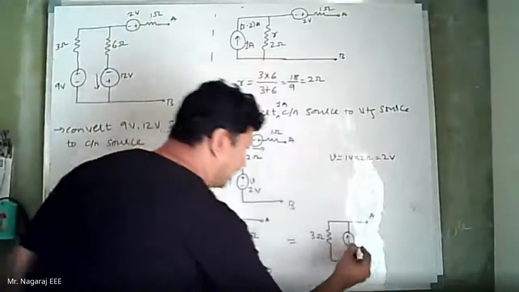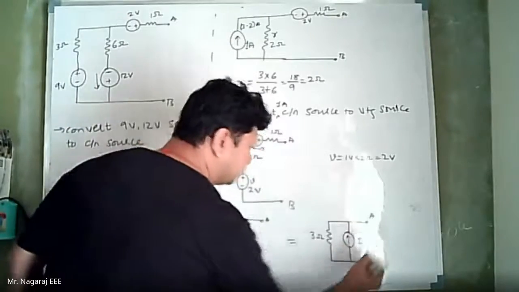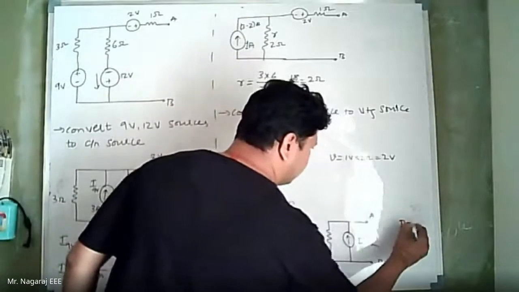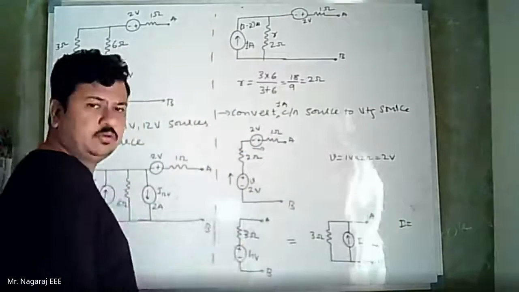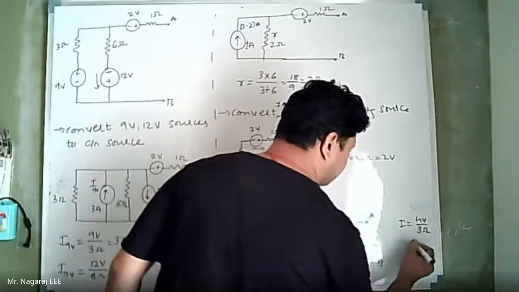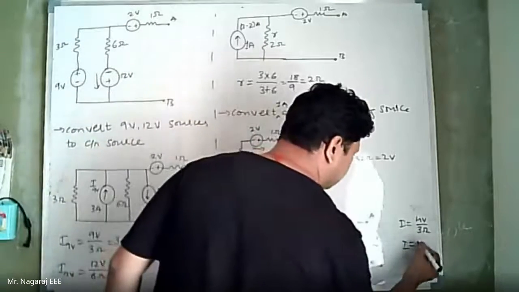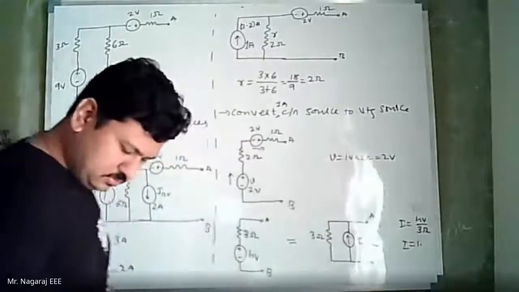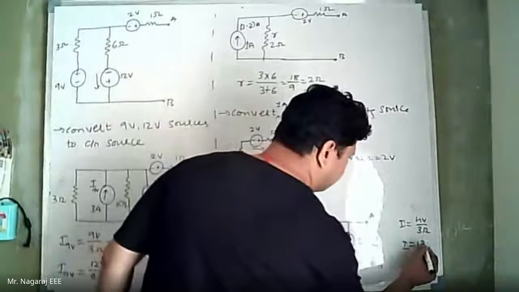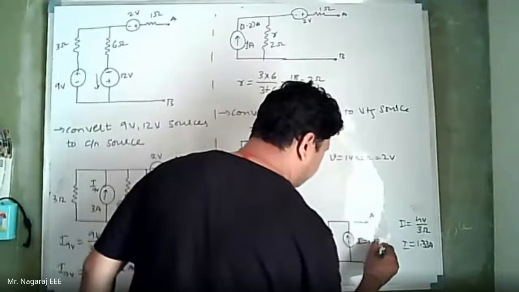So the value of current I is the voltage value divided by the resistance value. That is 4 volts divided by 3 ohms. So I is equal to 4 by 3, which is 1.33 amperes. So 1.33 amperes.